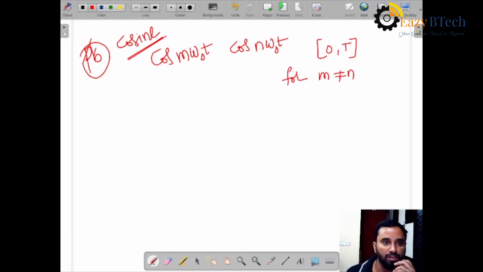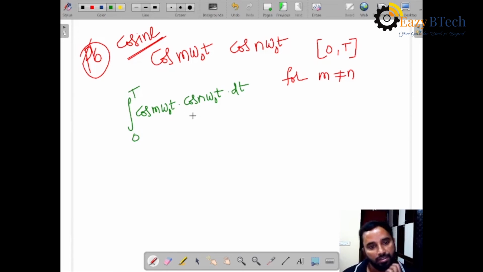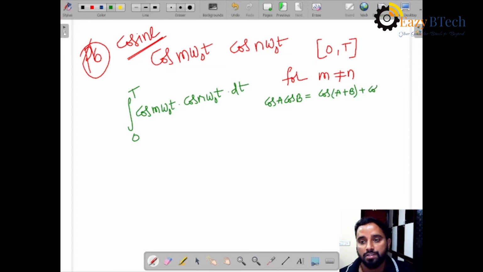So how to check if it is orthogonal or not? Same as before, we consider the integral of the product cos m omega naught t into cos n omega naught t dt, with limits 0 to T. So it is like cos A cos B. We can write cos A cos B as cos (A plus B) plus cos (A minus B), by 2.